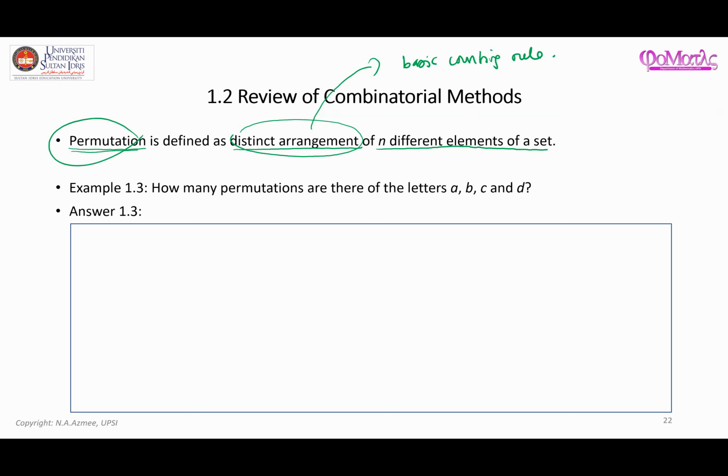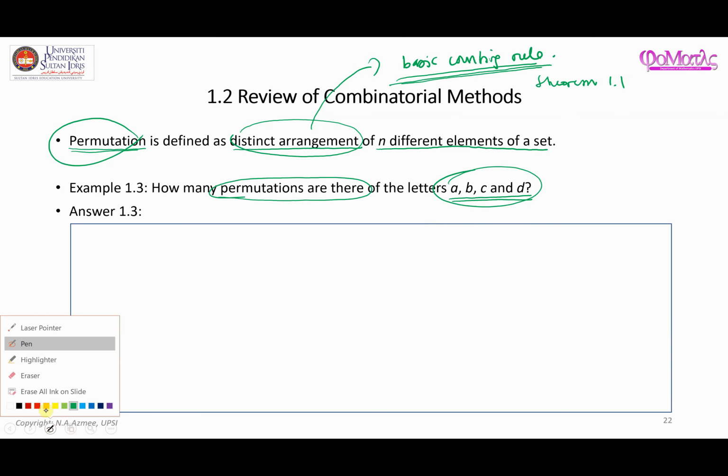Now in this question here, we have letters A, B, C, and D, and the question is asking how many permutations are there. So how can you arrange all these four letters? How many ways are there to arrange them? If you use the basic counting rule, which is theorem 1.1, you can start with a big problem.